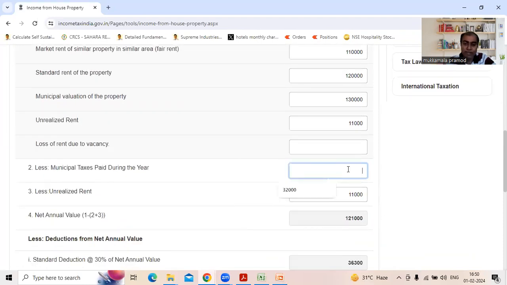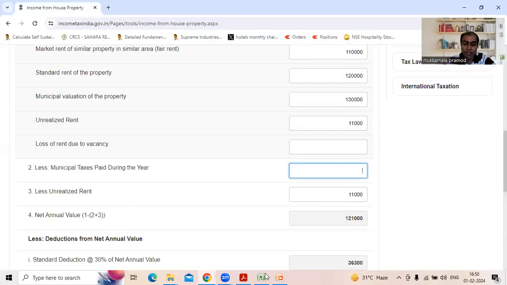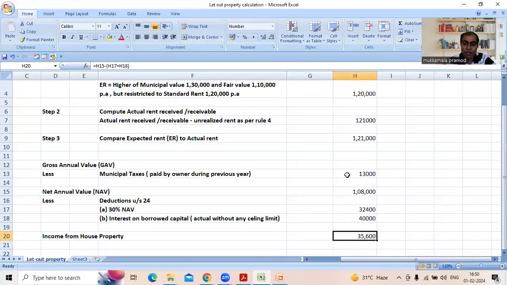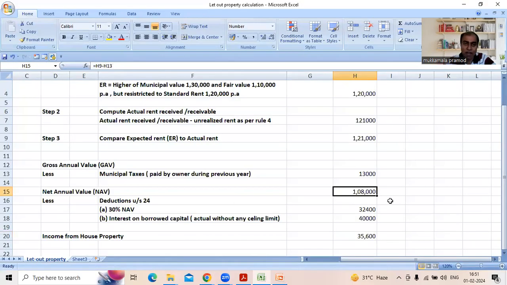And the municipal taxes which are paid are 10% of the municipal valuation. So if you look at our example here, this is coming to 13,000. So I'm picking up this directly. So if you see, automatically the net annual value is calculated. So we also received the same value as in our calculation.